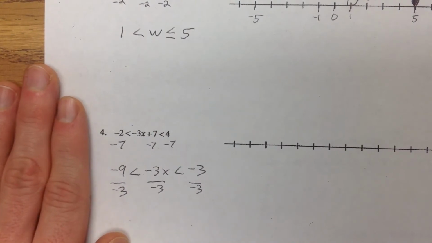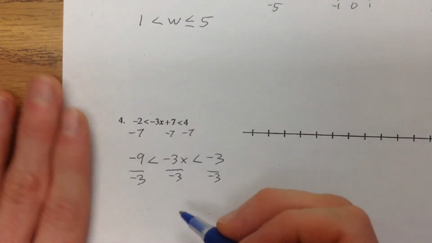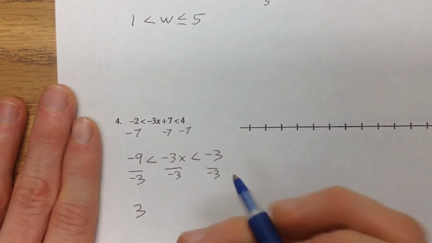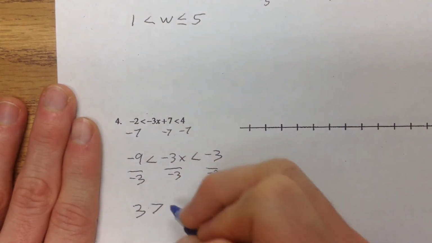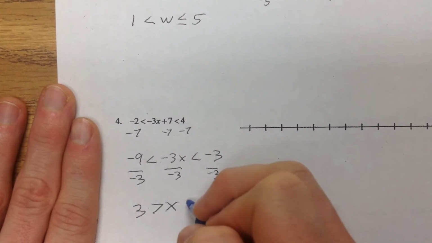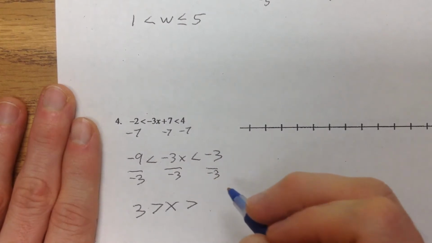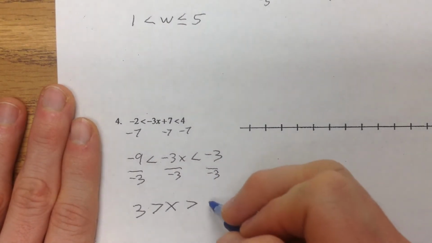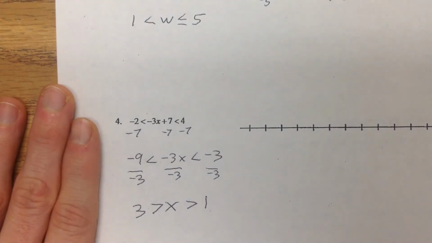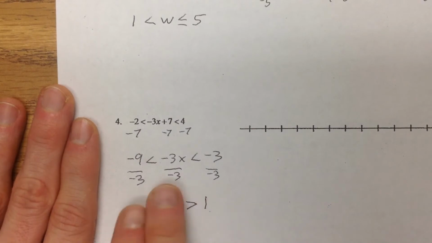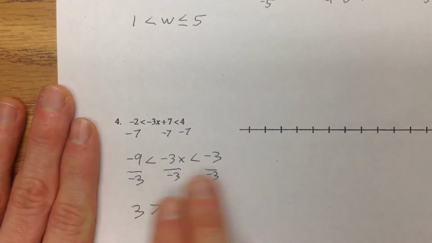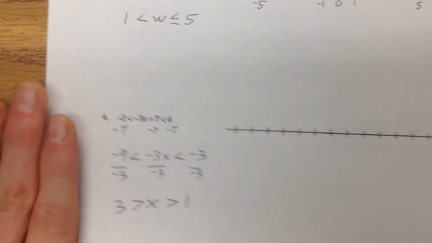The same rules apply: we divided by a negative, so these inequalities have to flip. This is going to become a positive 3 is greater than x, which is greater than a positive 1. Just as before, when you divide by a negative, those flip, and since we're dividing on both sides, both of them have to flip.